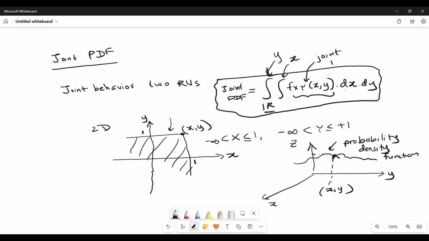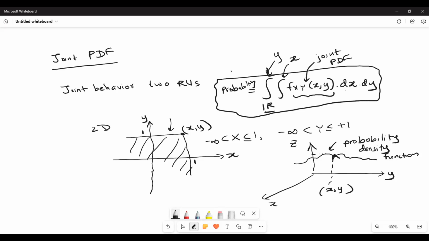So once I want to find a certain probability, I can use this function. It gives the probability of an event occurring in the range of x and y that we are considering.